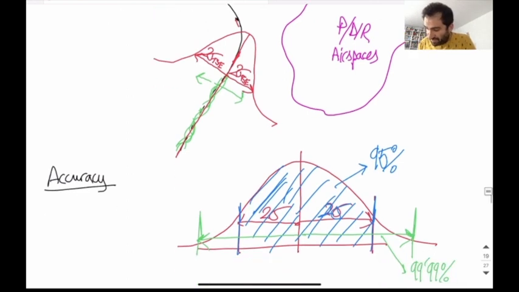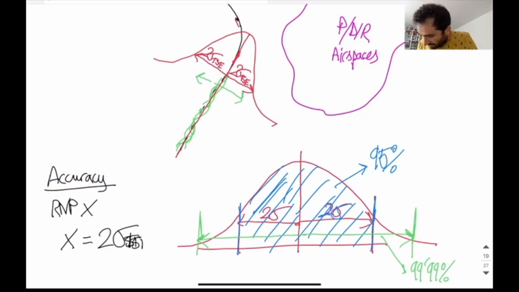Meaning that if I specify a required navigation performance of x, being x nautical miles, a distance, x has to be equal to 2 sigma of the total system error. Okay, this is this x I am defining. To one side, to the left, or to the right, I don't care, right?